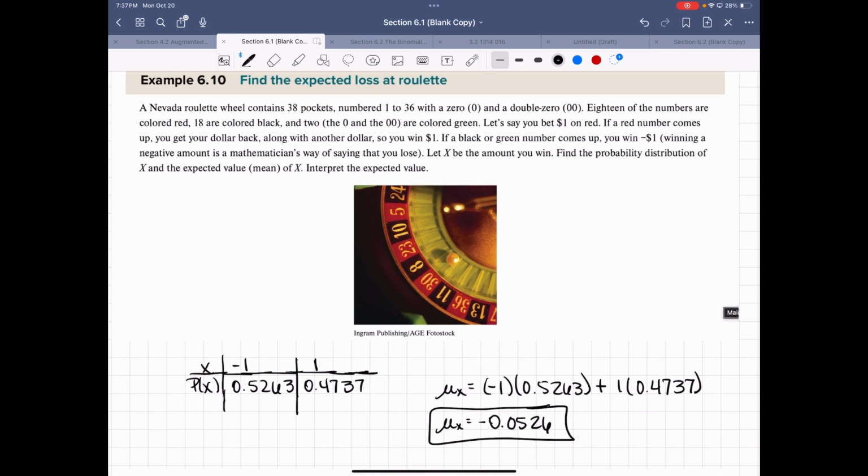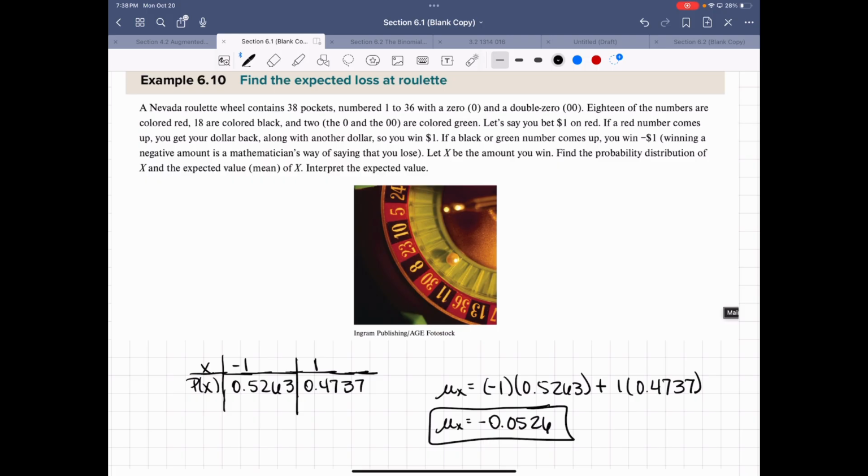A Nevada roulette wheel contains 38 pockets, numbered 1 to 36 with a 0 and a double 0. 18 of the numbers are colored red, 18 are colored black, and 2, the 0 and the double 0, are colored green. Let's say you bet $1 on red.